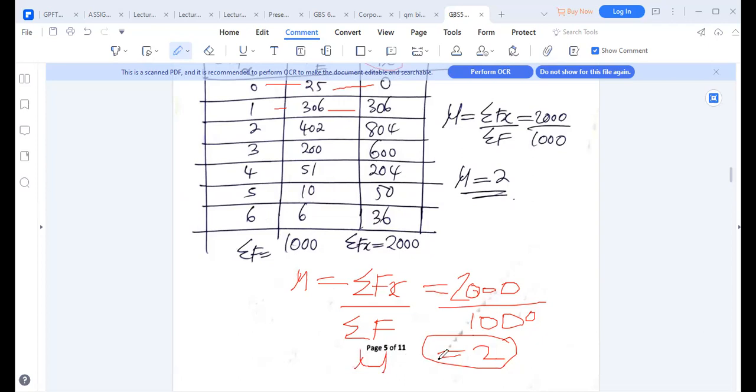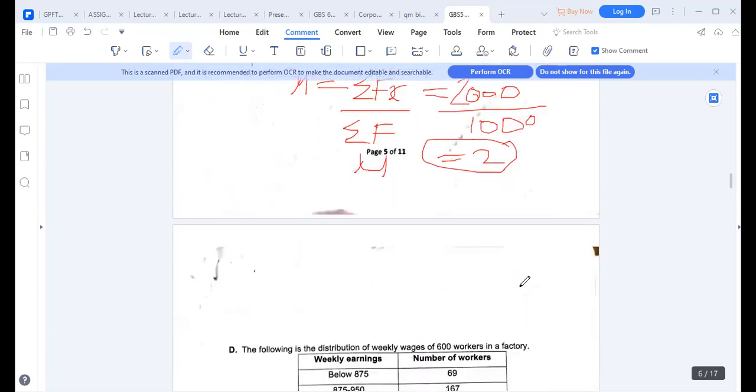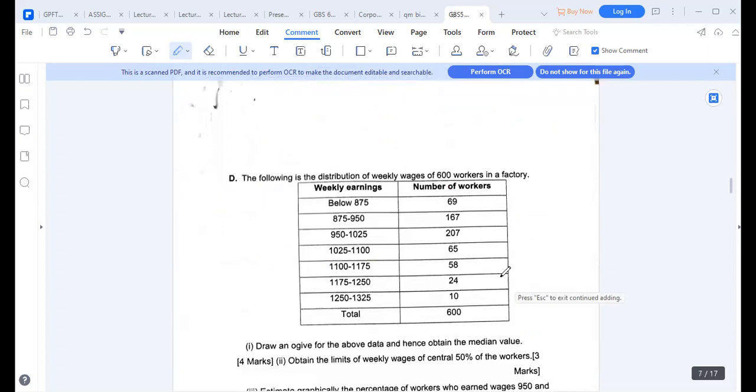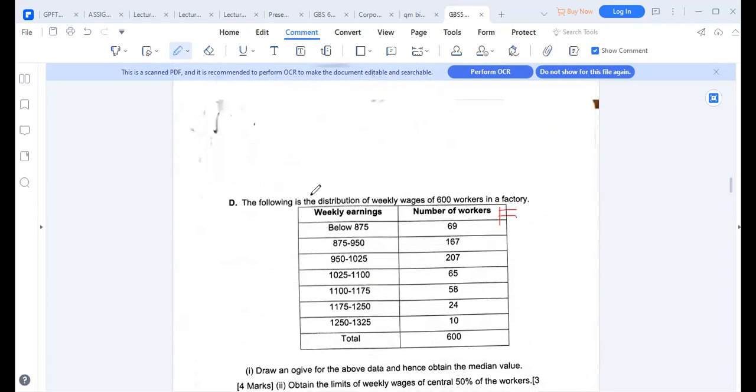All right. Getting down to the other question here, the following is a distribution of weekly wages of 600 workers in a factory. This is grouped data because it has a range of values. This is the frequency, and this is the grouped data.